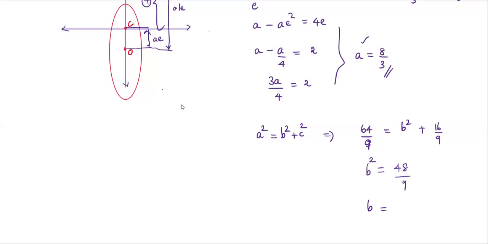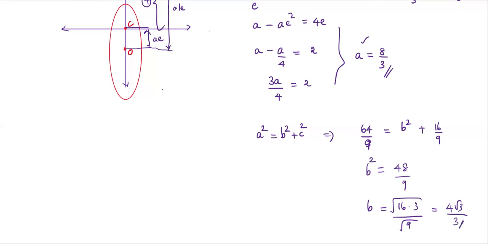So b is equal to root of 48 by root of 9. I'm going to write 48 as 16 into 3, divided by root of 9. Root of 9 is 3. So you get 4 root 3 by 3, and that is the value of b.